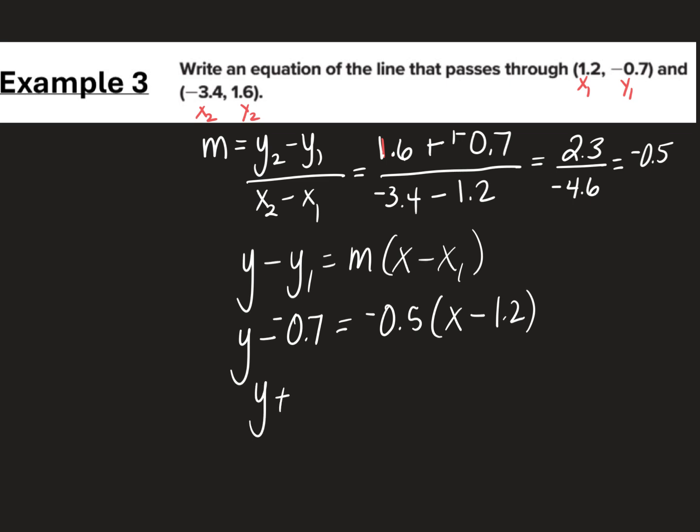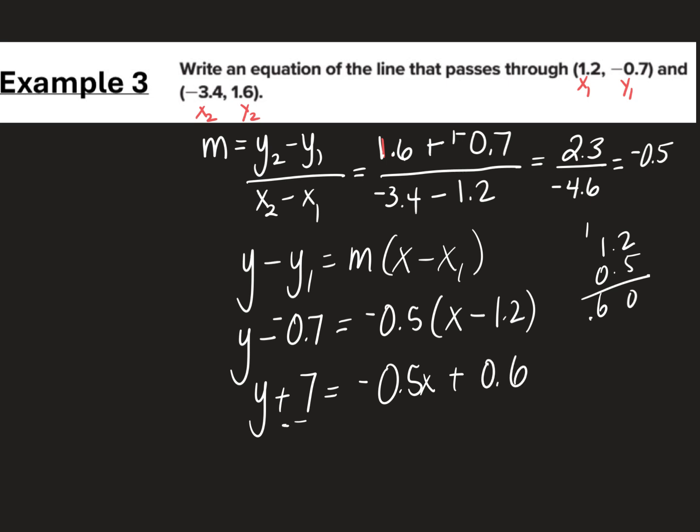I'm going to distribute. Y plus 7 is going to equal negative 0.5x plus... I don't have a calculator on me, so I'll just multiply. 5 times 2 is 10, 6 over 2 decimal places. So 0.6 plus 0.6.